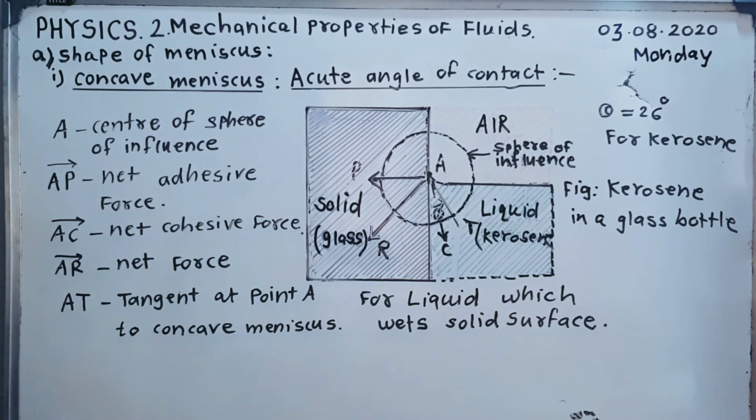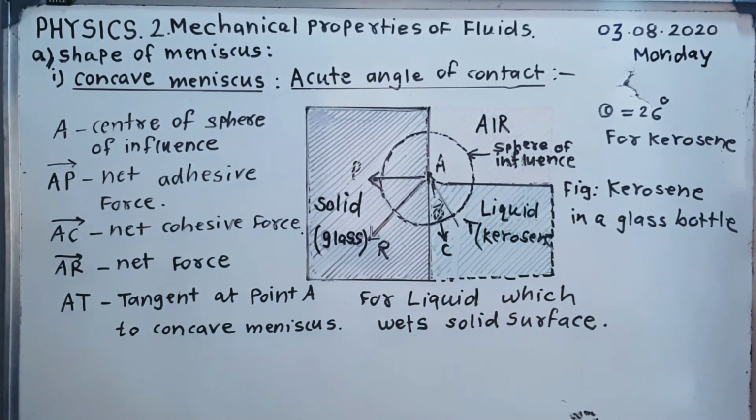Here, under equilibrium or stability of the liquid surface, the resultant force AR acting on the molecule A is normal to the liquid surface, and it is so at all points, for the resultant force AR to be normal to the tangent AT.